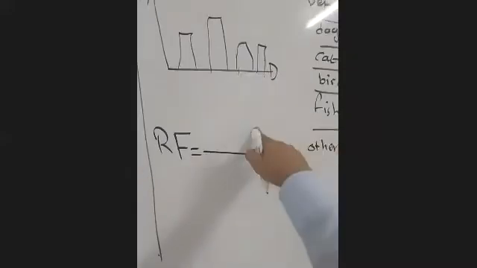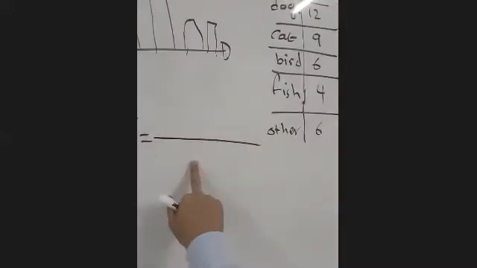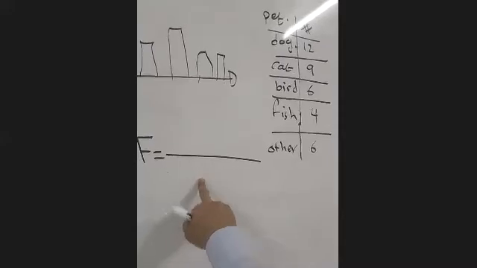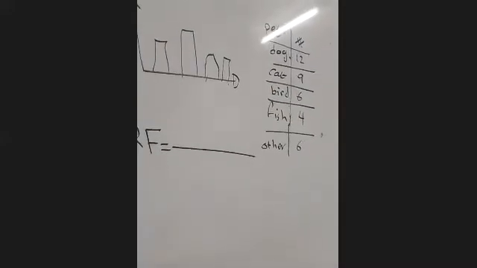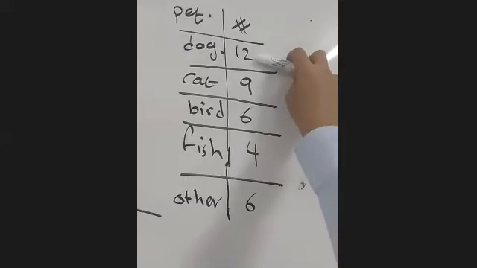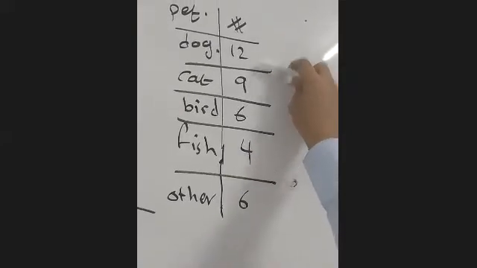What are they? They want the dog or the cat. So up will be the dog or the cat, and down it will be the total of them, right? How many students choose dog? 12, and the cat 9, right?